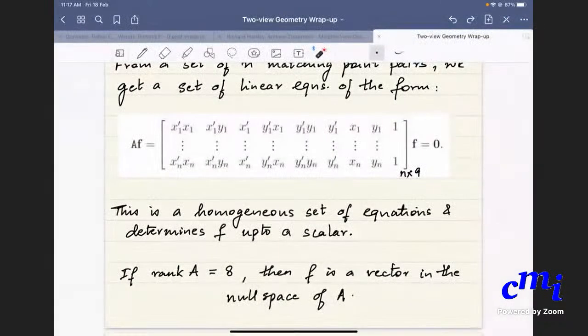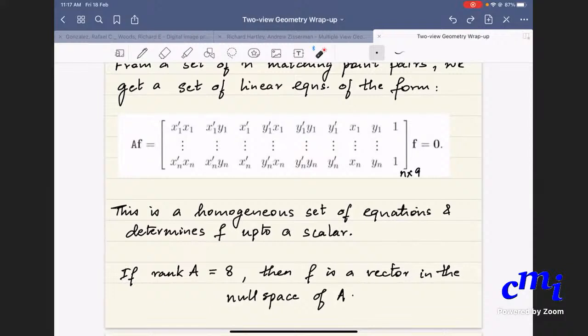I wonder if the class is still here. Yeah, so I'm asking if the rank of A is 1, is that going to help us? Then the null space will be of dimension 8, right? We can't really say anything about F up to a scalar.